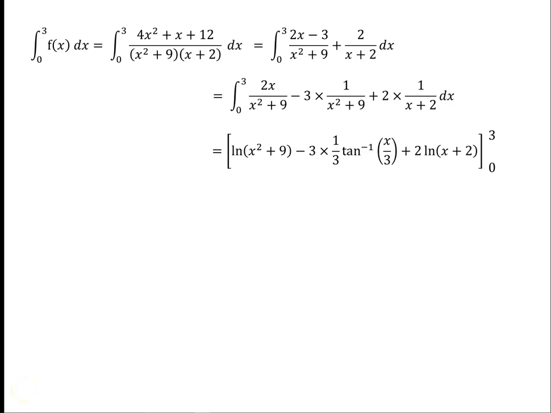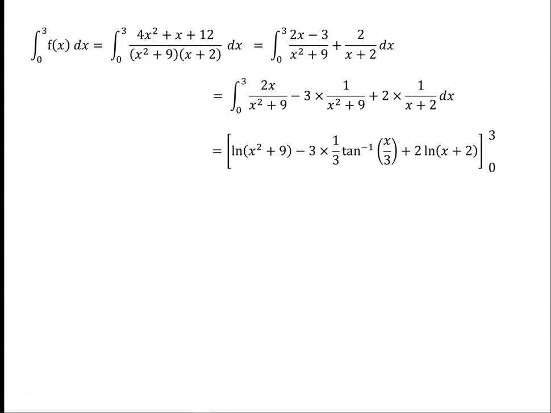And finally, 1 over x plus 2 is another case where we have the derivative 1 sitting on top of the function x plus 2. So that tells me that the integral of 1 over x plus 2 is simply the logarithm of x plus 2.